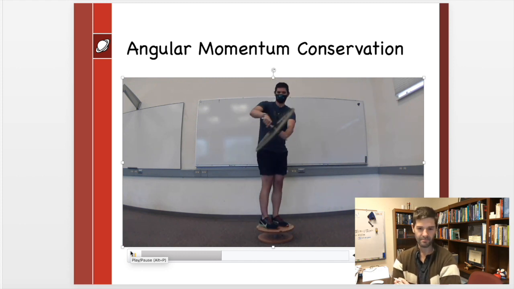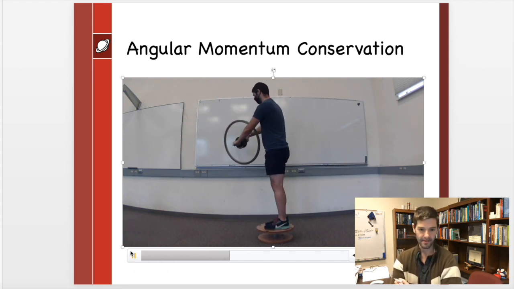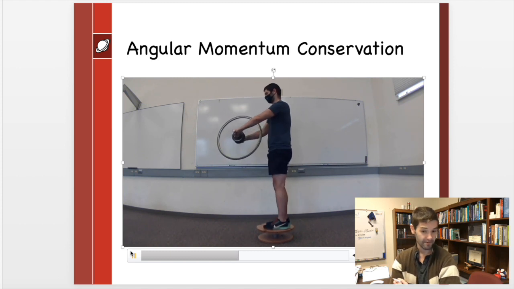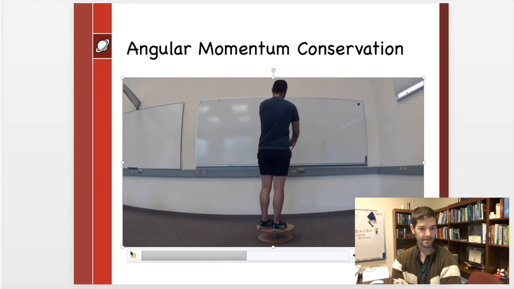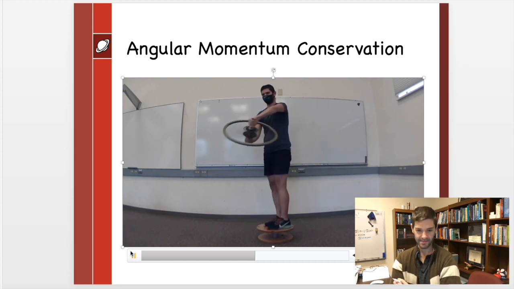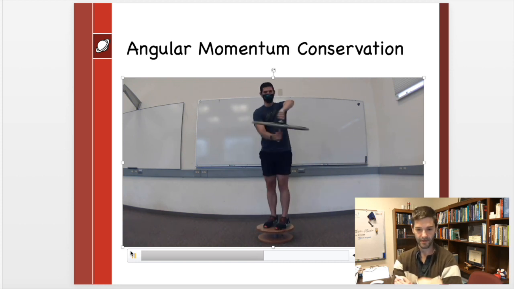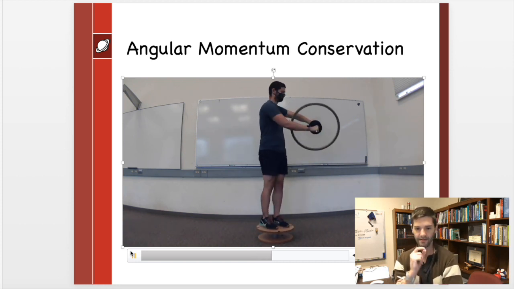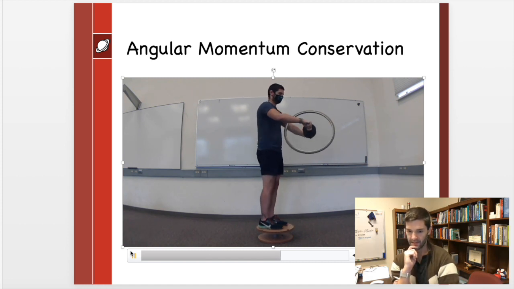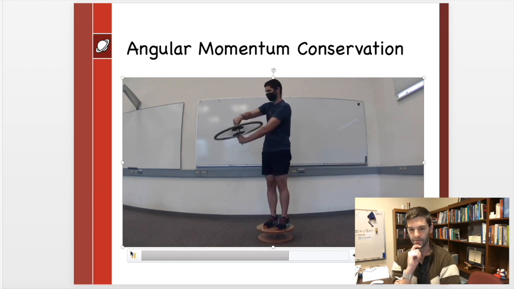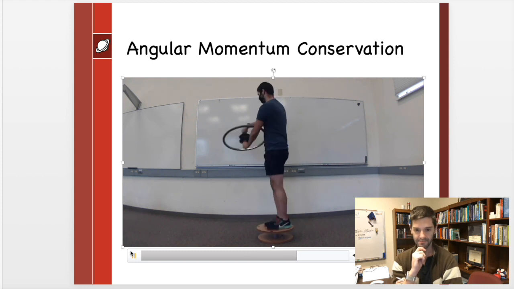And you can see the more dramatically I bend the wheel, the faster I move as a result, because my body is compensating to keep the total angular momentum of this entire thing exactly the same, because there are no net external torques acting on us.